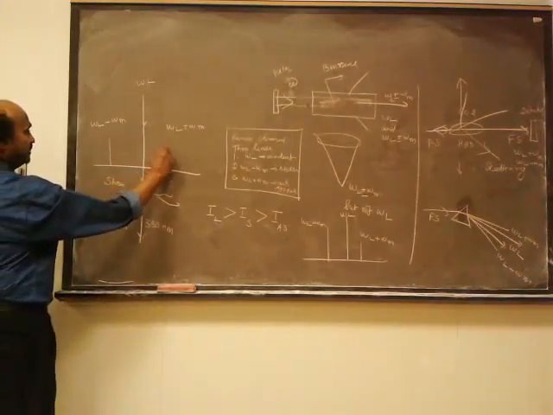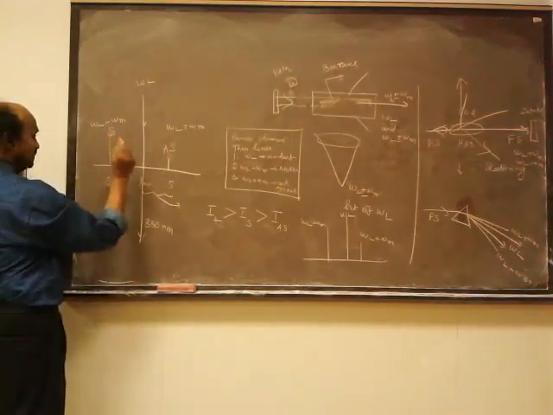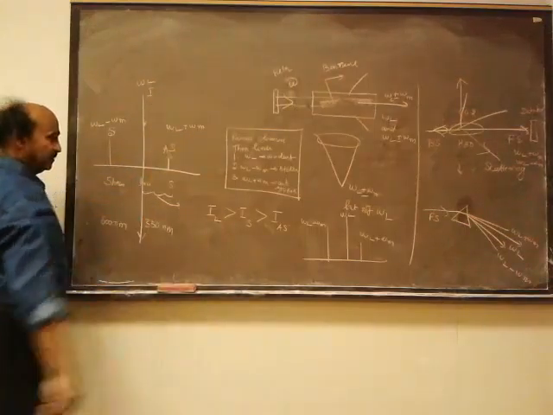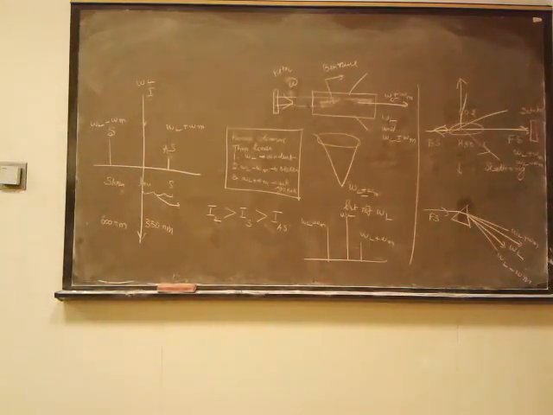This is called AS, this is called S, this is called incident light. They have different frequency and different intensity. All three have different wavelength, or different frequency, and different intensity.